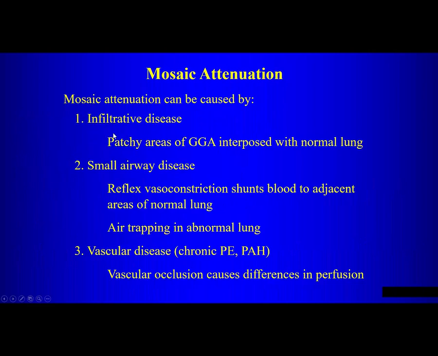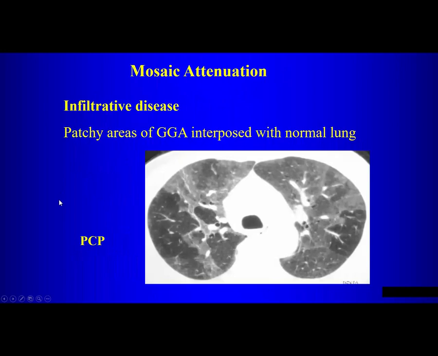Now mosaic attenuation can be caused by infiltrative disease. If the ground glass is infiltrative disease like pneumocystis pneumonia, or small airway disease, that's when we have air trapping, or vascular disease. We saw some cases of chronic pulmonary embolism and pulmonary artery hypertension. So if we have diffuse ground glass, like you might see with pneumocystis infection, right, that can give you mosaic attenuation, but here the blood vessels would be preserved also in the more lucent areas.